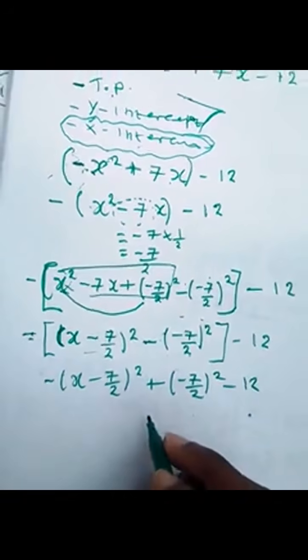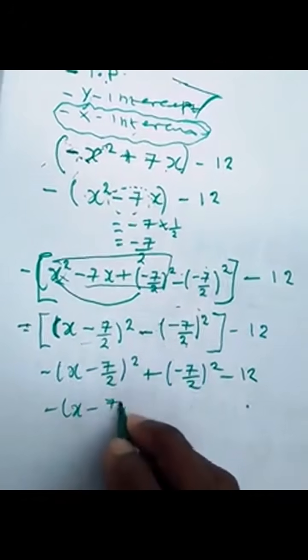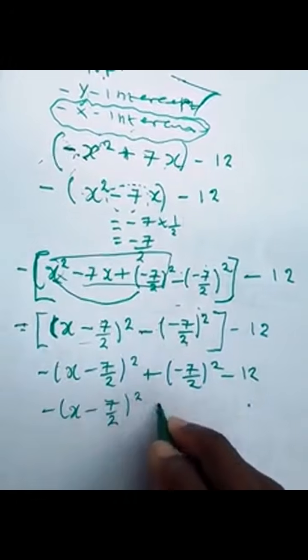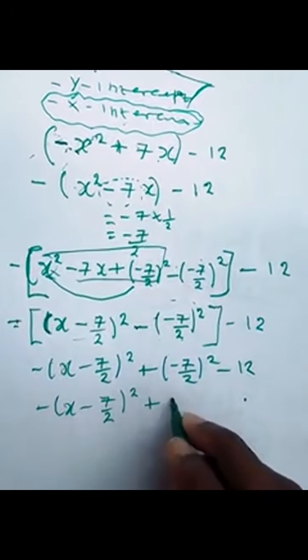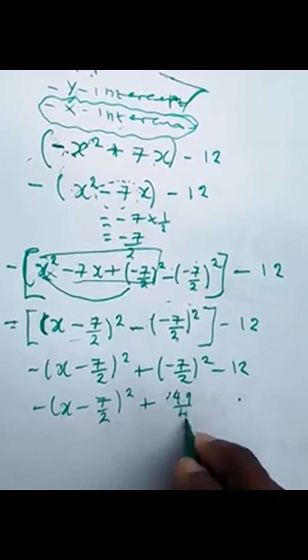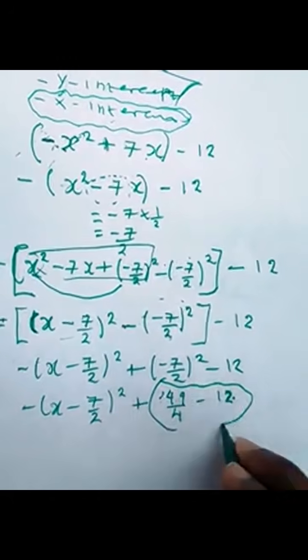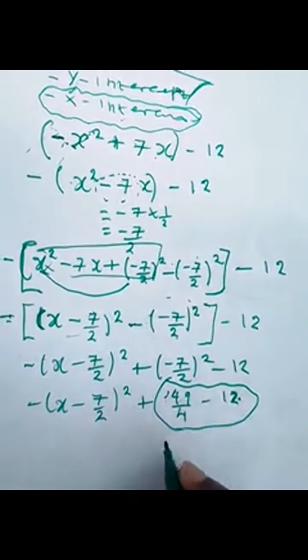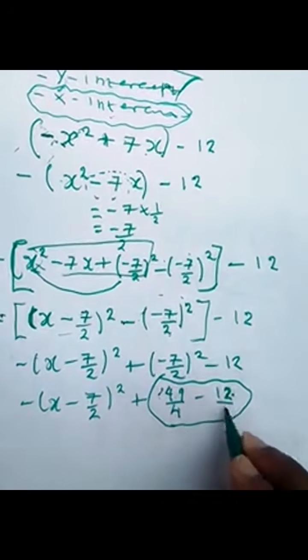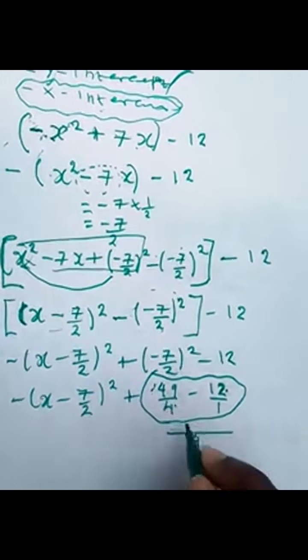So let's simplify this. 7 over 2 plus this will give us 49 over 4 minus 12. Simplify this and leave it as a single fraction. So find the common denominator, which is 4. 4 into 4 is going to give 49.